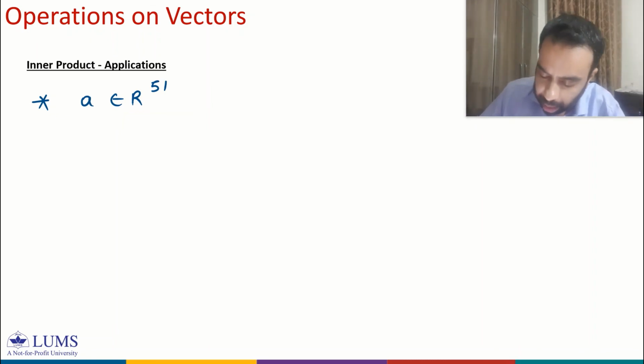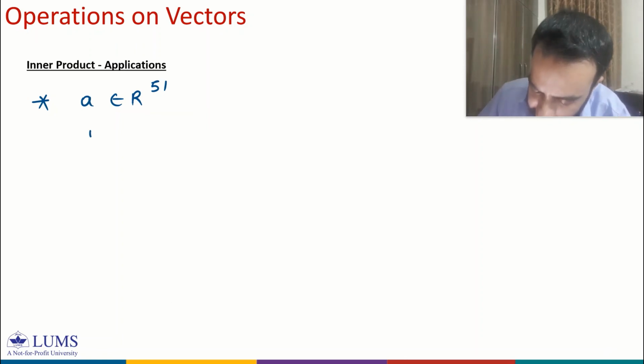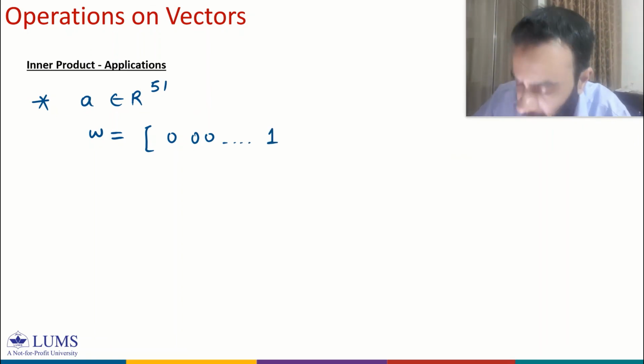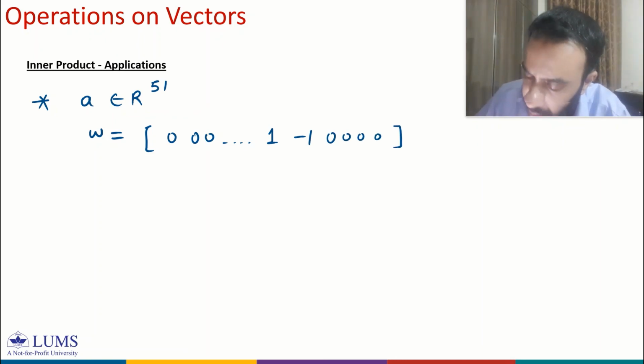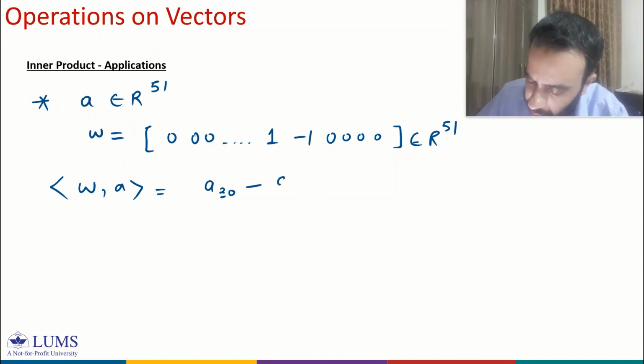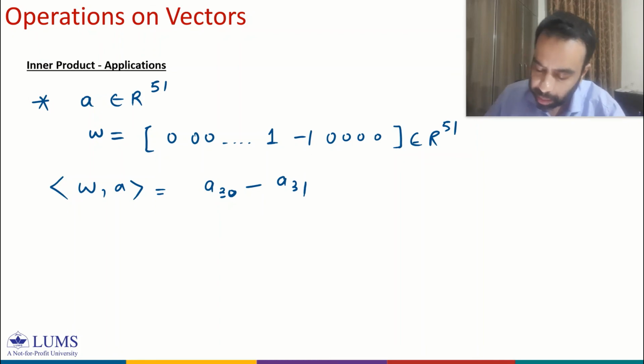So you take an inner product of a with a vector w, and we say w is given by 0 0 0 for all entries, the 30th entry is 1 and 31st entry is -1, the rest are 0, and w also belongs to R51. When you take inner product of w and a, what you get is a30 minus a31. Right, so this is just an illustration of the use of inner product.